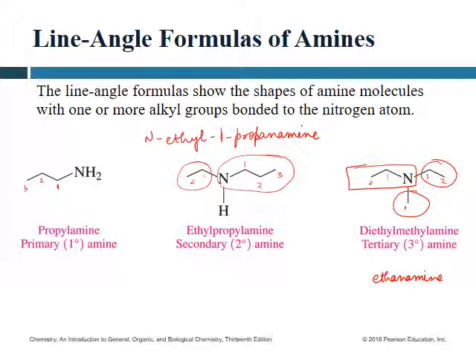Substituents would be ethyl and methyl. Ethyl comes first, so it would be N-ethyl-N-methyl ethanamine. Okay, and this is simple. This is 1-propanamine. It has no substituents.